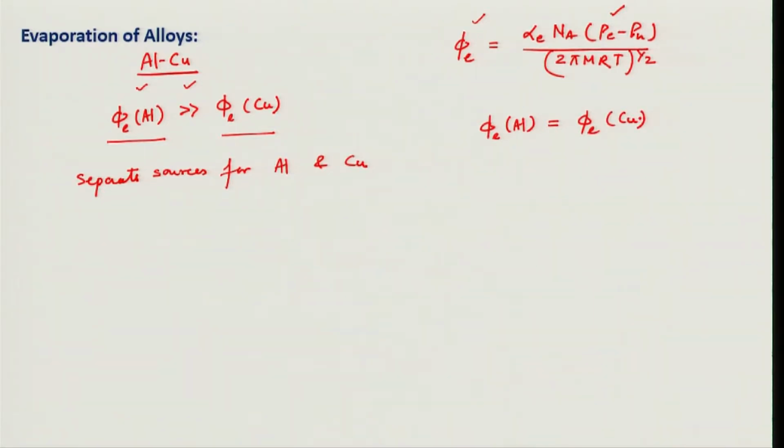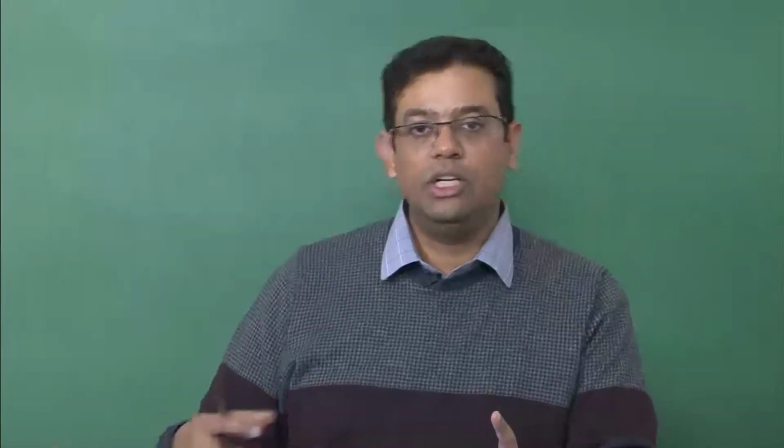So you can adjust their temperatures separately, okay, and you can deposit thin films of aluminum copper alloys. But this kind of system is not always very practical, okay. We will see why when we come to the next part of this lecture, where we discuss deposition geometry and the thin film uniformity, okay.